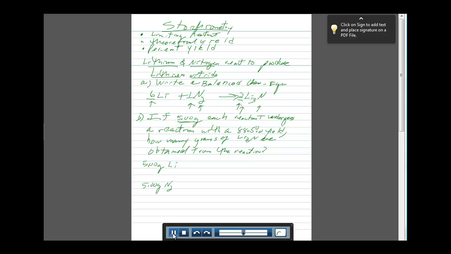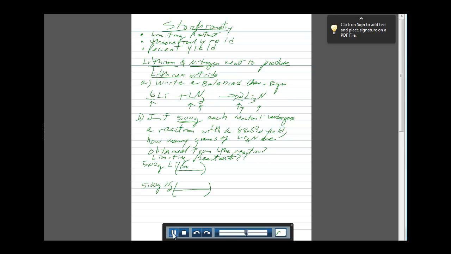And so in order for us to figure out how many grams of lithium nitride, I have to first figure out what's my limiting reactant. And so to figure out my limiting reactant, I have to convert each one of these grams of reactant into moles of the product in question.